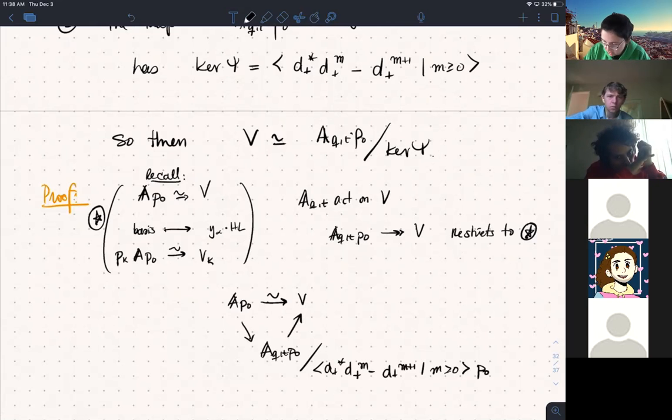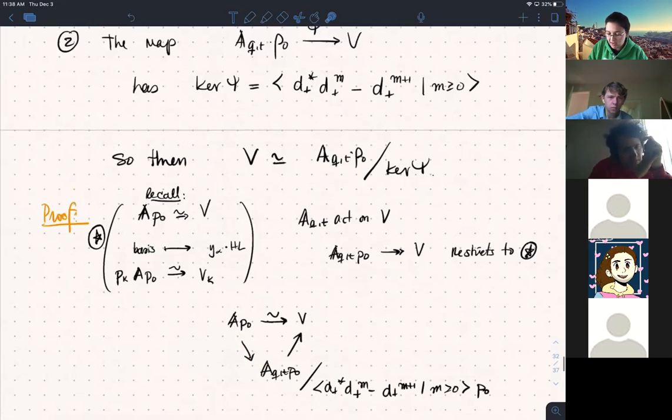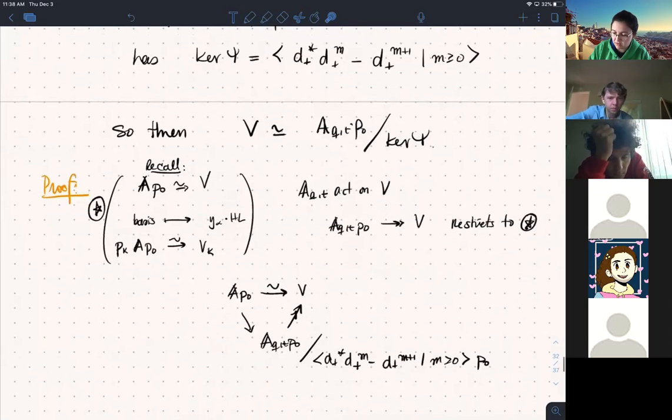Why is that? Because if we look at the relations that held between A and A star, this was the only relation that was missing. So the fact that this is surjective tells us that this is surjective.